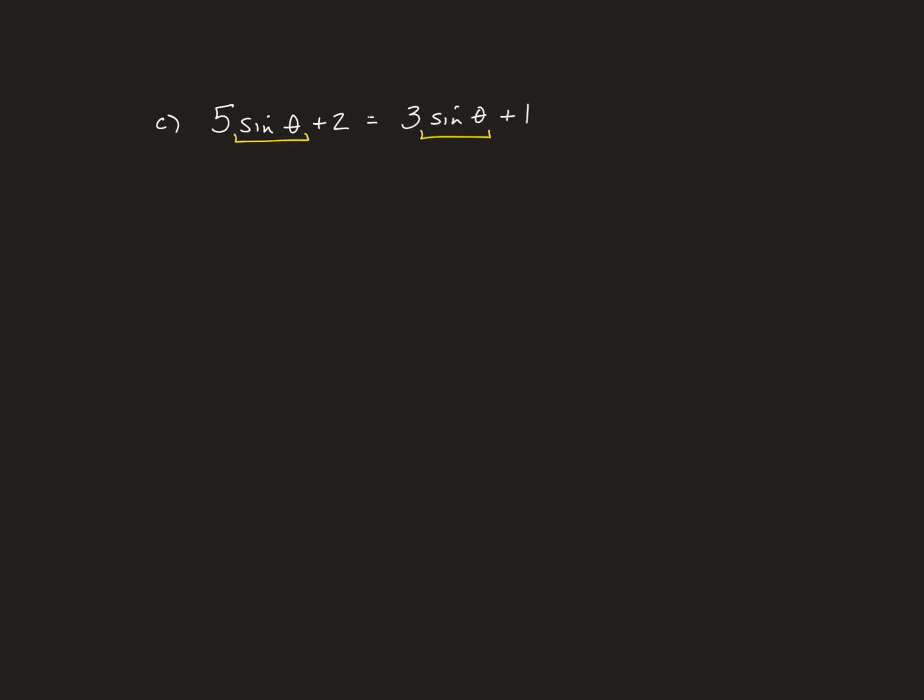On the left side of the equal sign, I could collect my sine thetas, and I'd have 2 of them. I have to get rid of the plus 2, so I'm going to subtract 2, which gets me to that point. You then have the ability to isolate your trig ratio fully by dividing out that 2. Now we come to sine theta equaling -1/2, and we should be comfortable finishing that off.